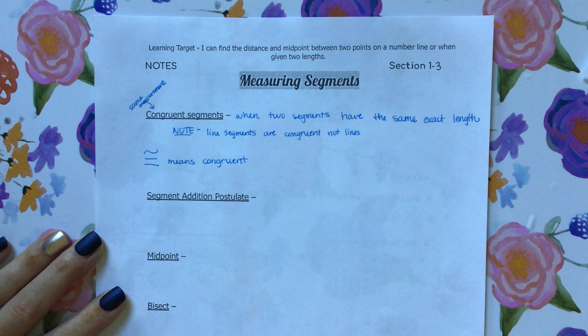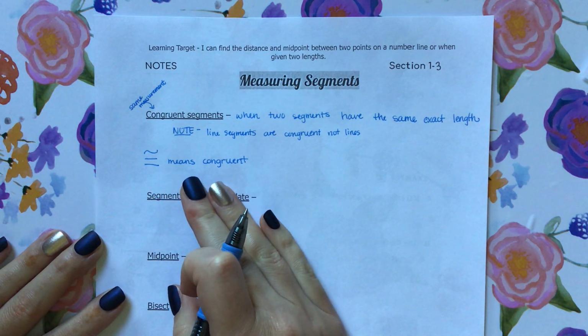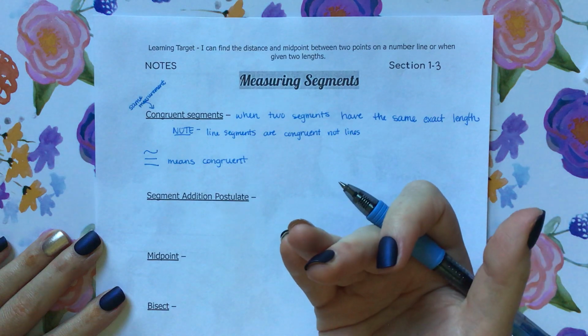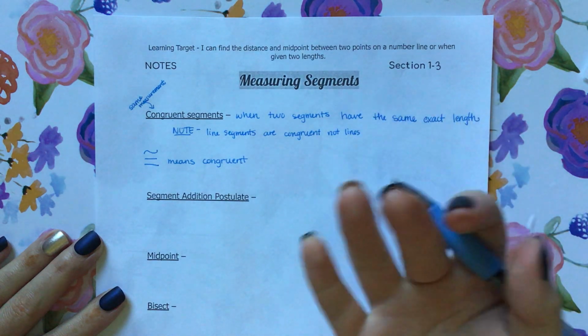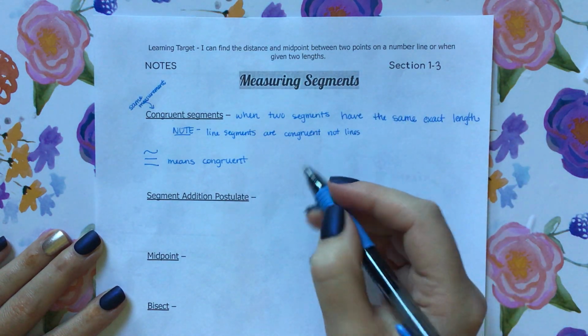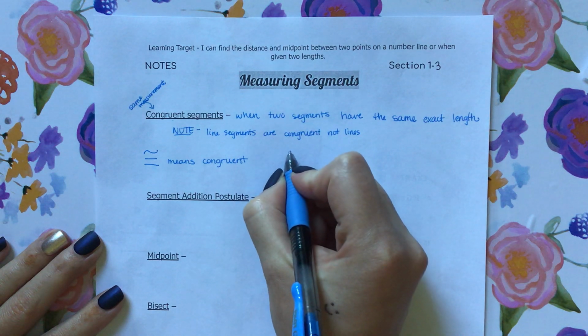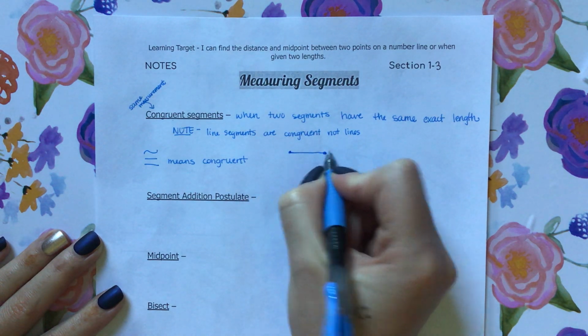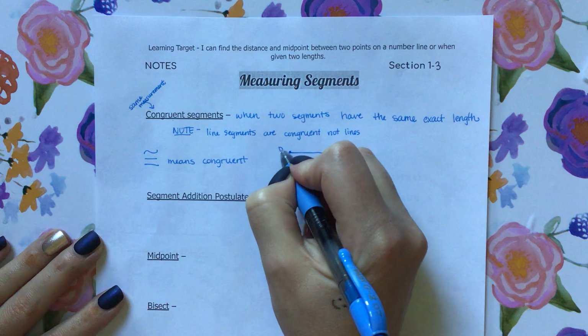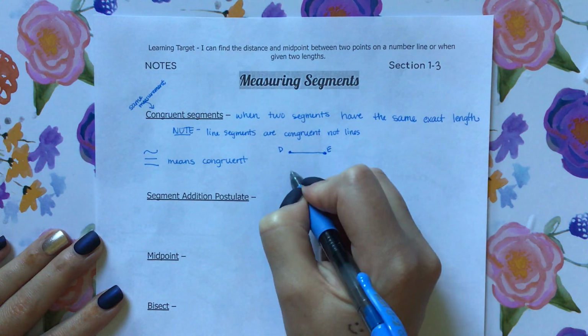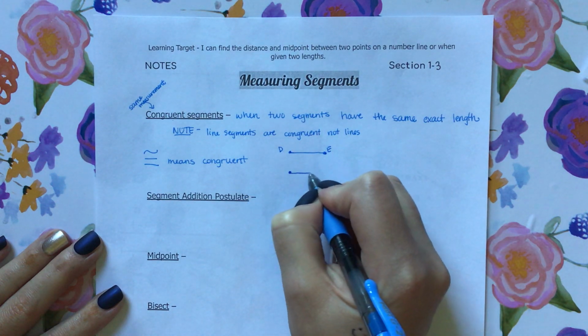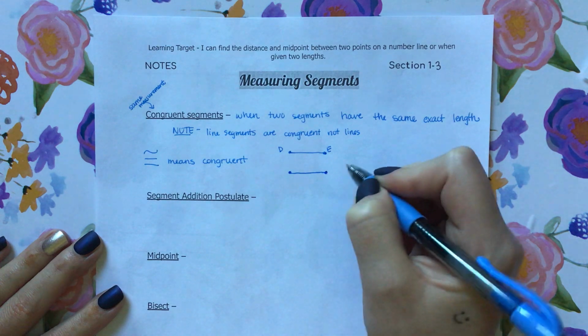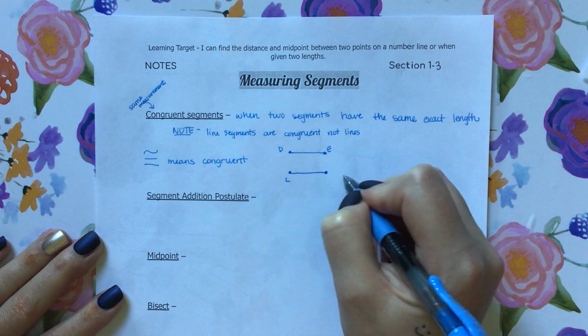All right. Now, if you have an image, because we have a lot of pictures in geometry since we work with shapes and lines and things like that, we might have two segments, and let's just draw some out real fast. This is segment DE. This is segment LM.